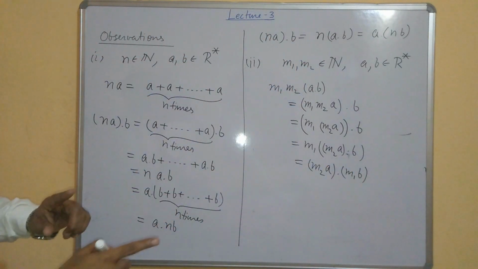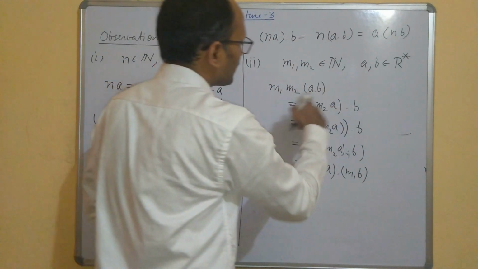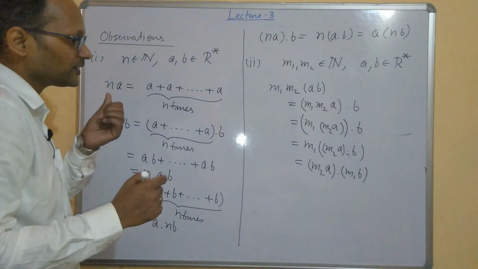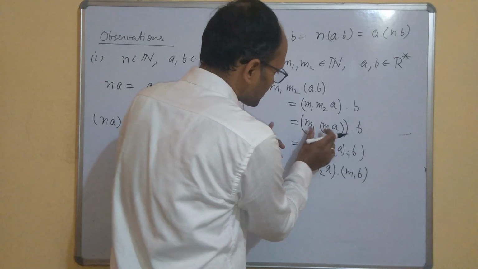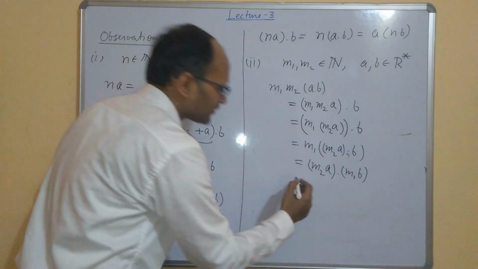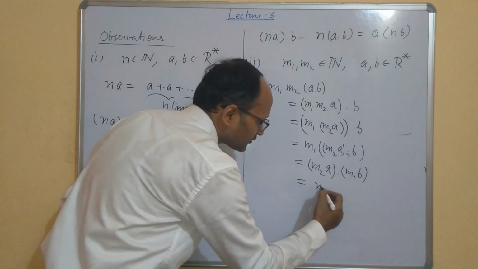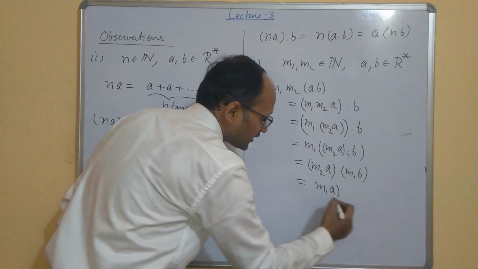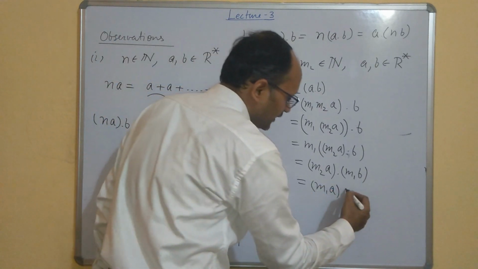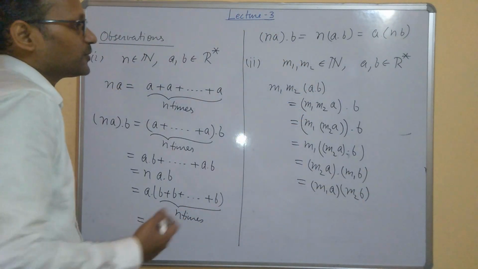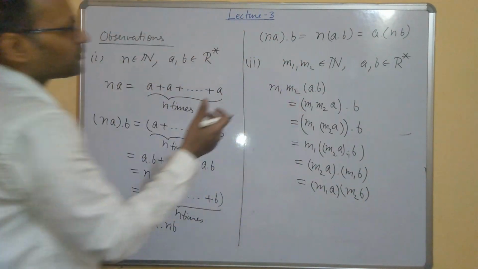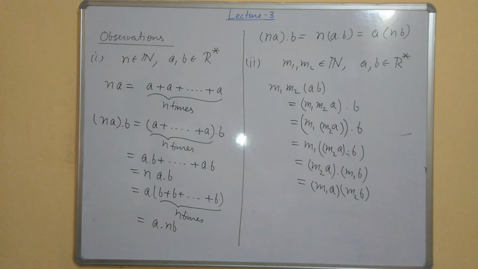So it means we can distribute this m1, m2, and as we have done for m1 first and m2 second, in the same way we can also write it as m1a, m2b. There is not any difference, because in place of m1, m2 we can write m2, m1 and do the same process.